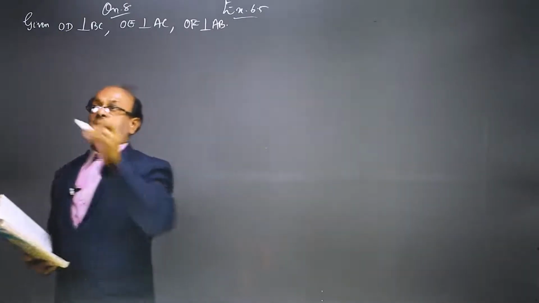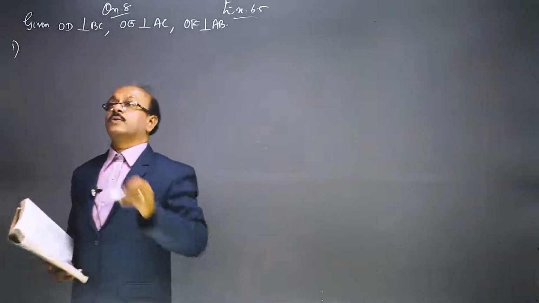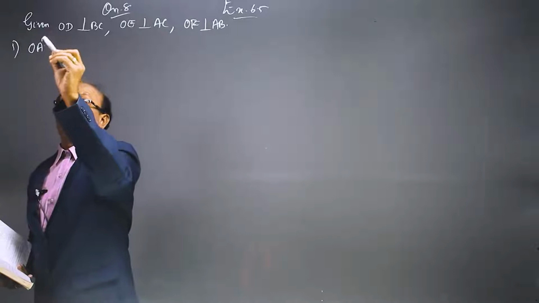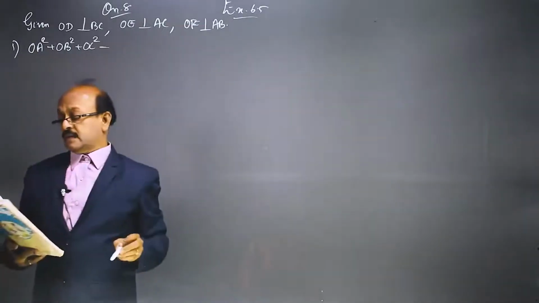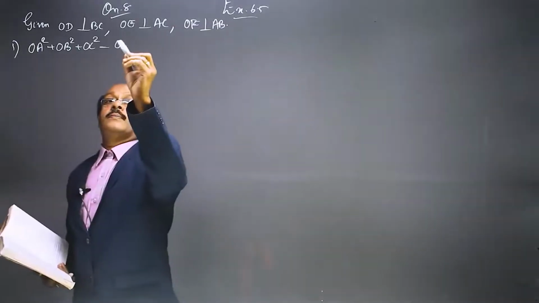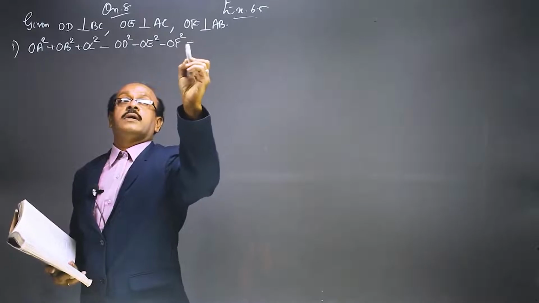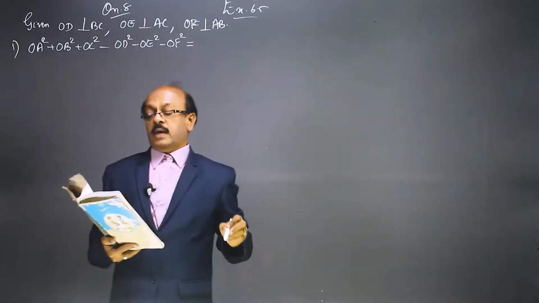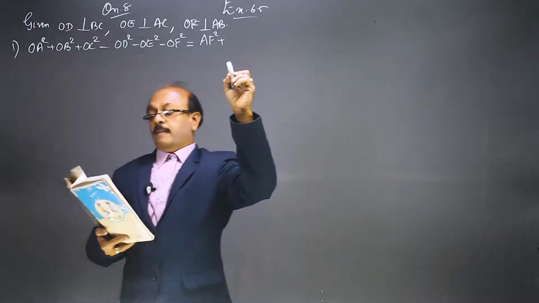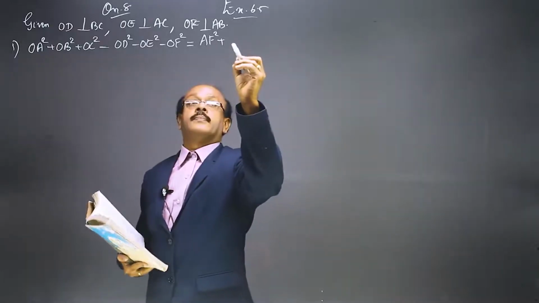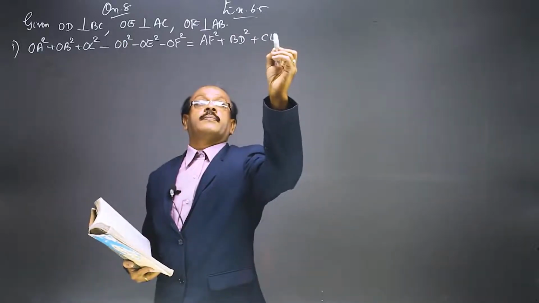First part to be proved is OA square plus OB square plus OC square minus OD square minus OE square minus OF square is equal to AF square plus BD square plus CE square.